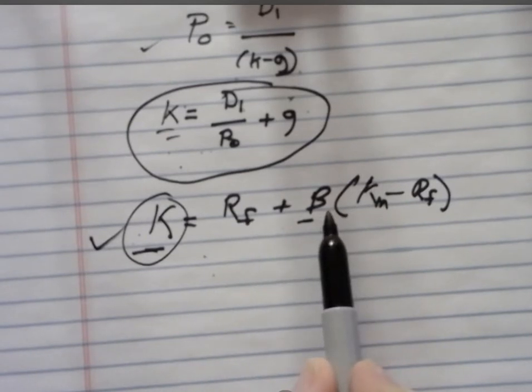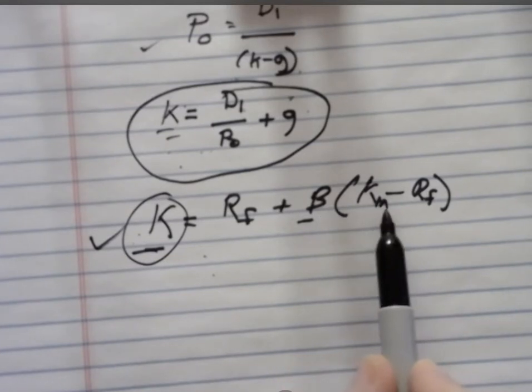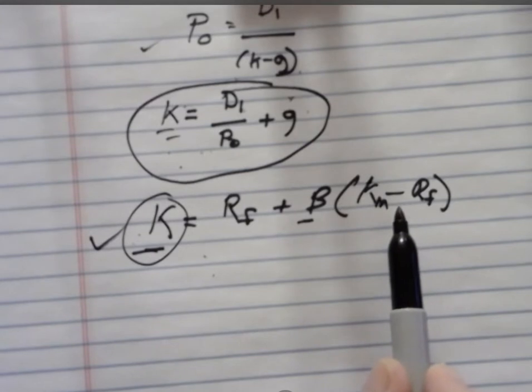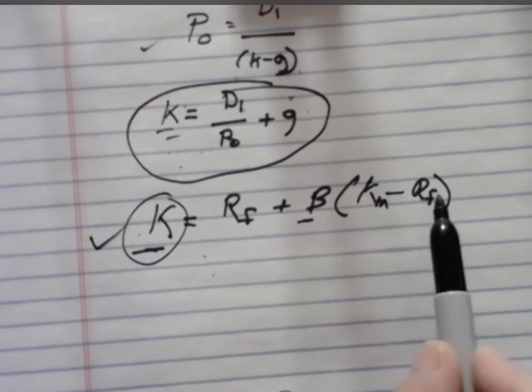Beta, how volatile is my stock relative to the market. And really what beta is, as I mentioned, is volatility. How volatile is my stock to the S&P 500? K sub M would be the rate of return on the stock market, the S&P 500.